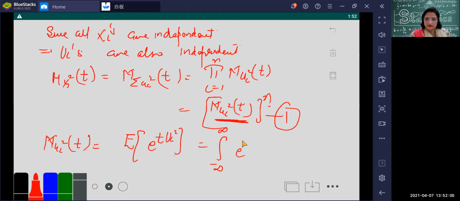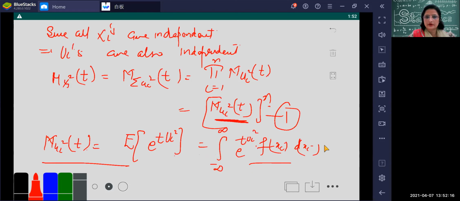So this is the integral of e to the power t ui square times f of xi into dxi. This is all about how to find the MGF. We will continue tomorrow with the same lecture.